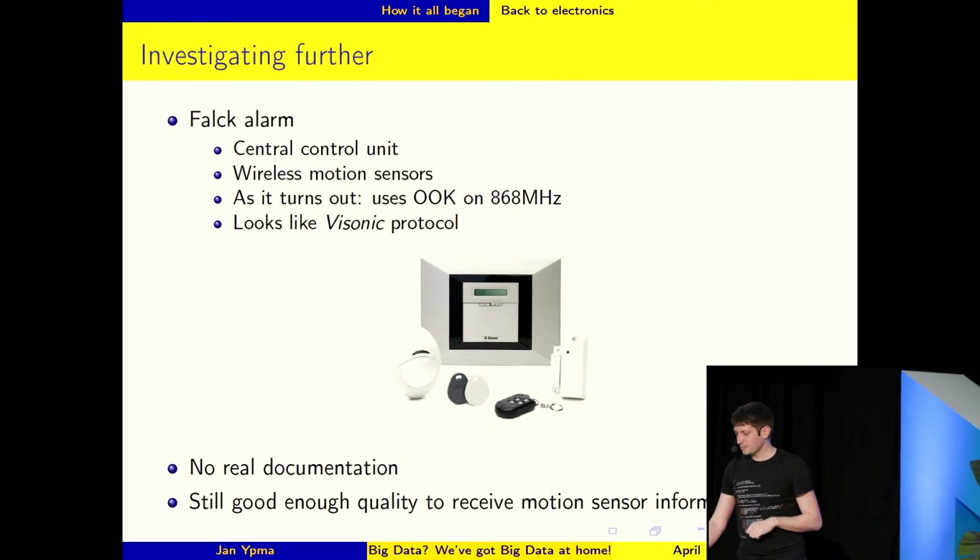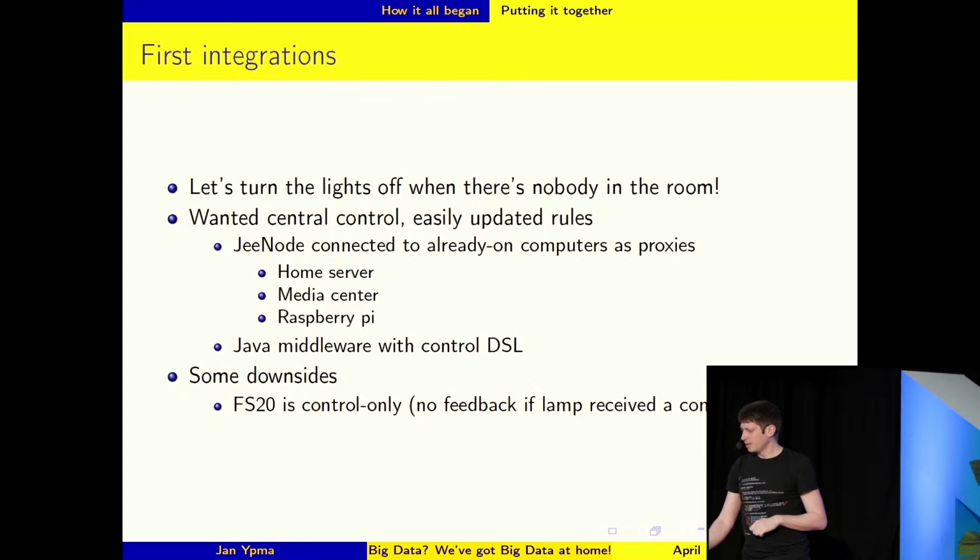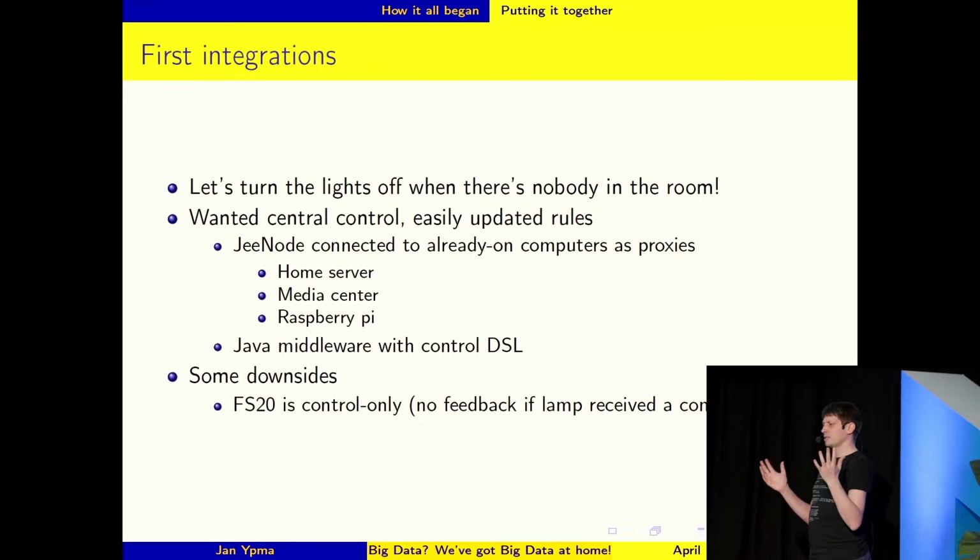So what did I do? Create some G nodes to work as a bridge between those RF signals that we see and some other computer where it's a little easier to control the logic, because I expected, well, the firmware of dealing with radio packets and receiving them, that's fairly static, but I'm probably going to be changing the rules on when lights should turn off and what should happen more often.